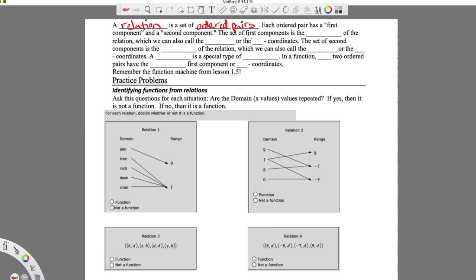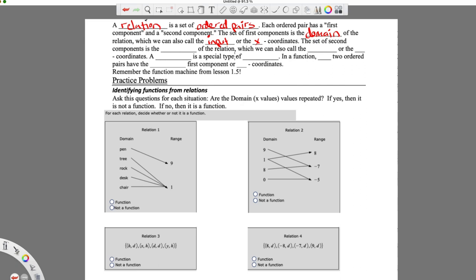The set of first components is the domain. It's just another name for them of the relationship, which is also called the input if we're looking at an equation and we're inputting the numbers. Input, or the x-coordinates. That's another very easy way to refer to them, right? So that's the first component.